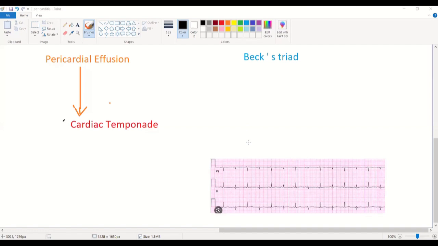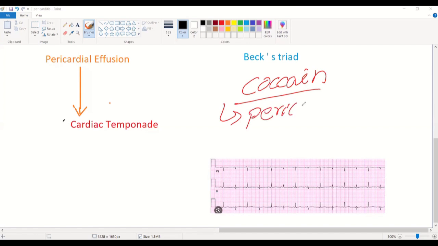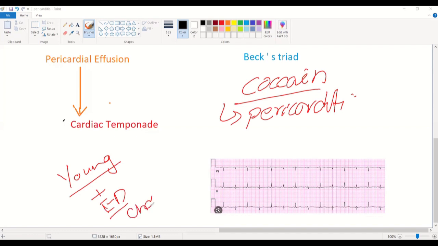Okay. So cocaine is associated with pericarditis, right? So a young patient comes to the emergency department with chest pain.